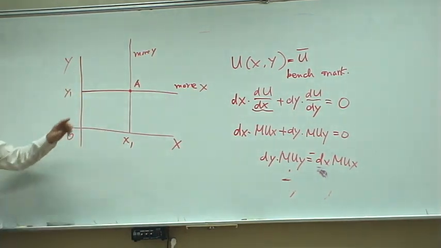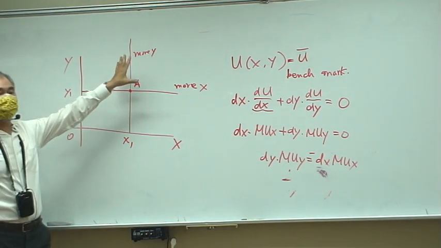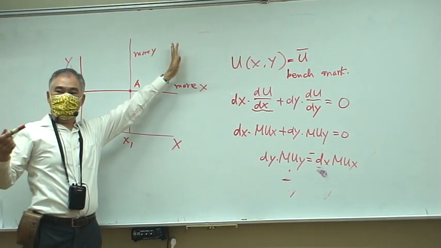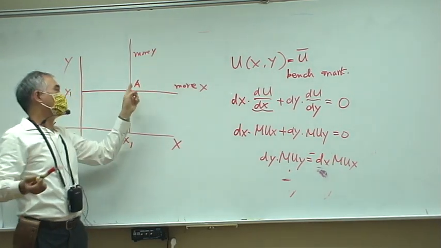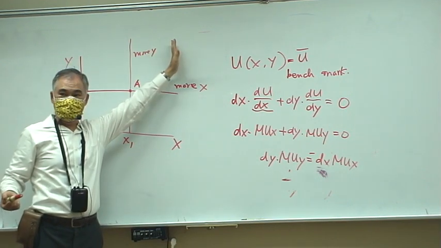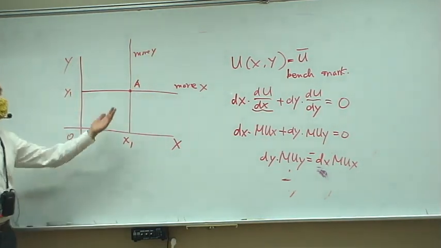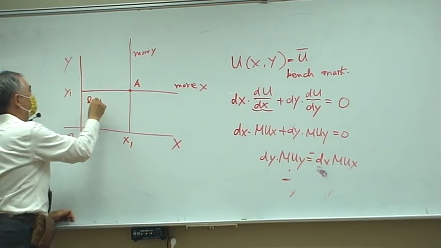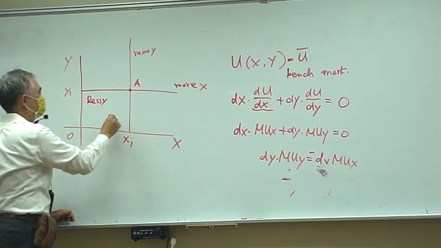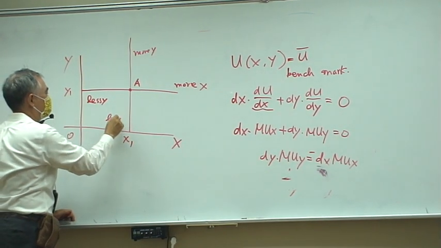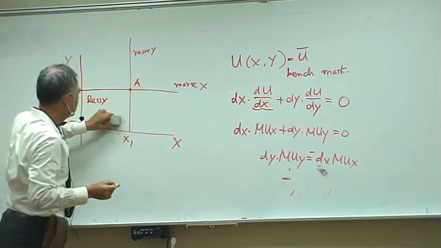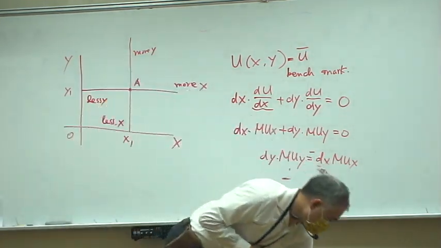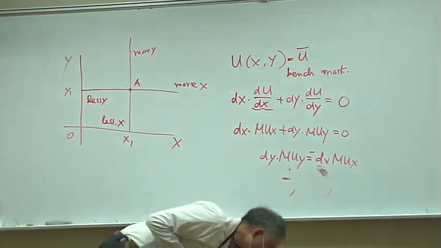So any point up here is going to be much more satisfying than this point. You get more utility here than here. And on the other side, you have less x and less y there.